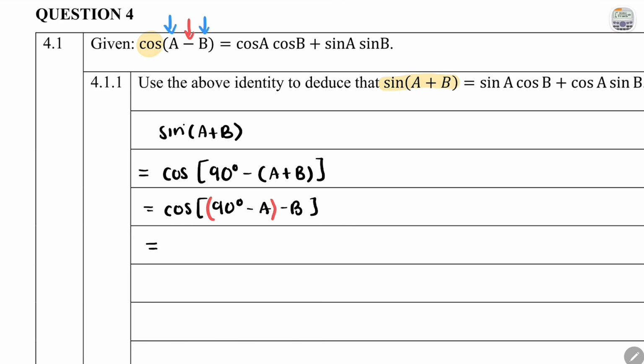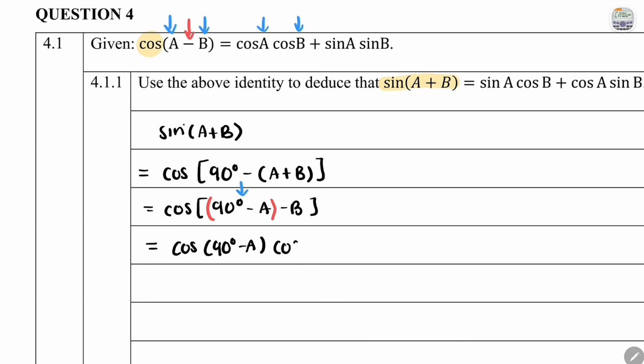So this is equal to cos of, this is our first angle, 90 degrees minus A. So since theirs expanded to cos of their first angle, we'll also say this expands to cos of our first angle, which is 90 degrees minus A. And then cos of the second angle, and our second angle is also B because we also have a minus.